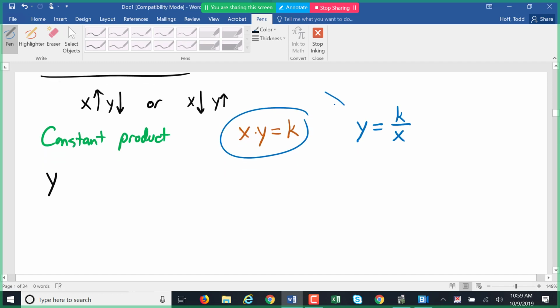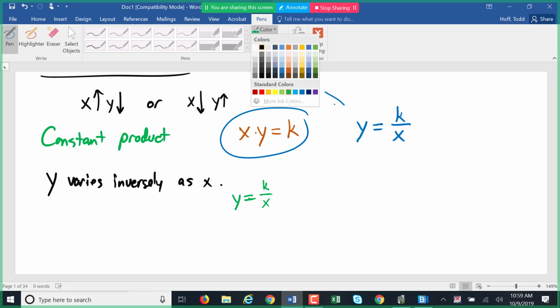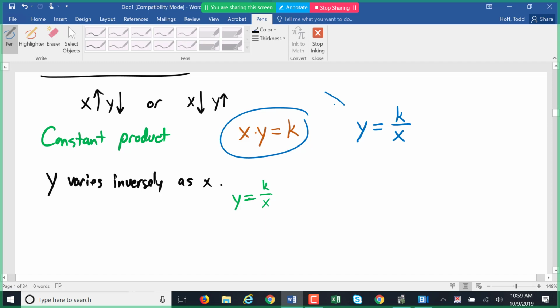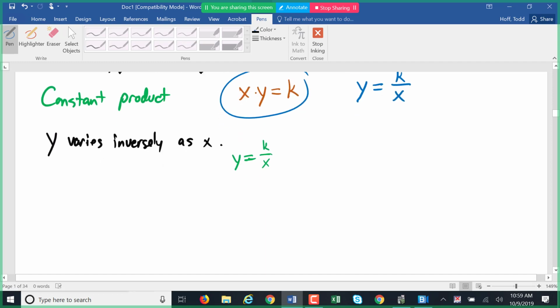So if we are told y varies inversely as x, what that's telling us is y equals a constant divided by x. Now, of course, we can have more information just like with direct variation.